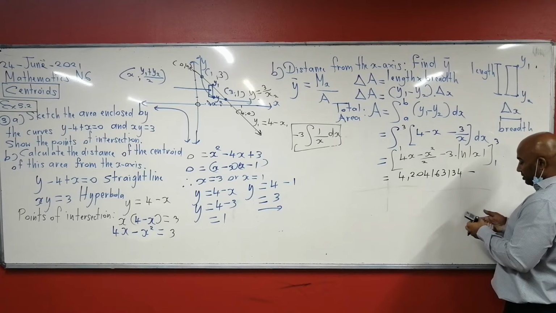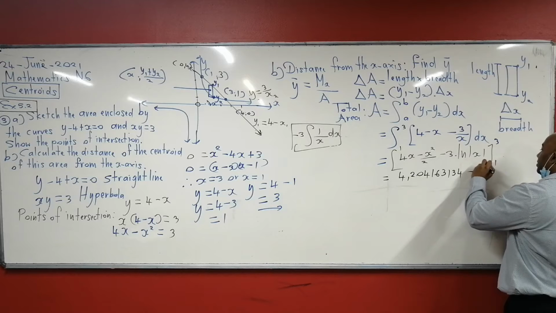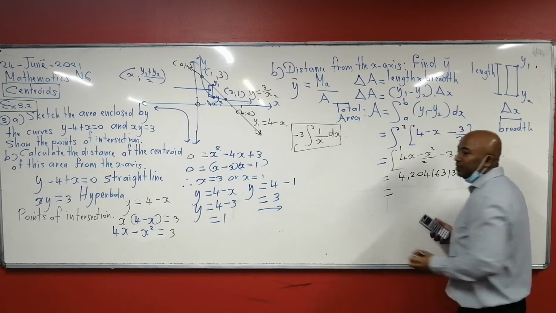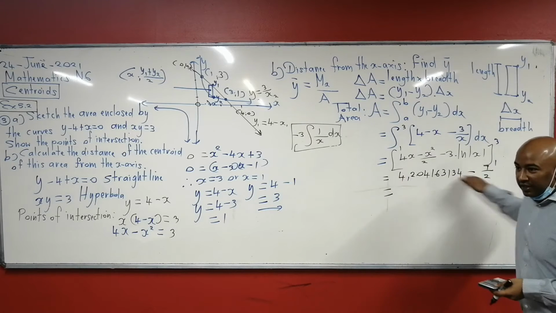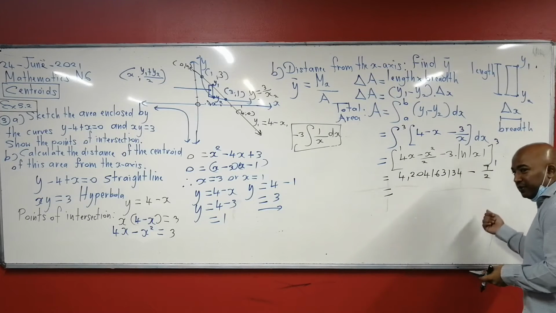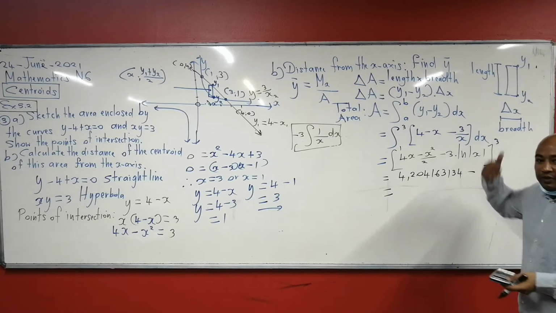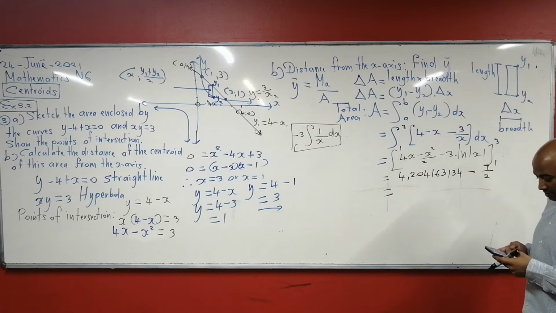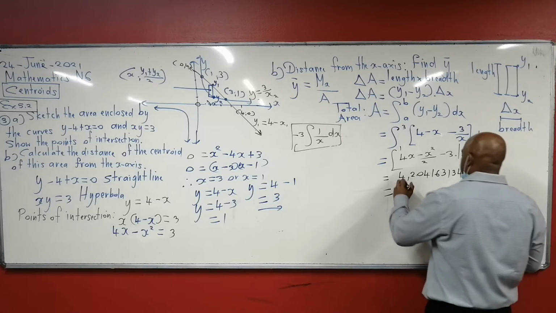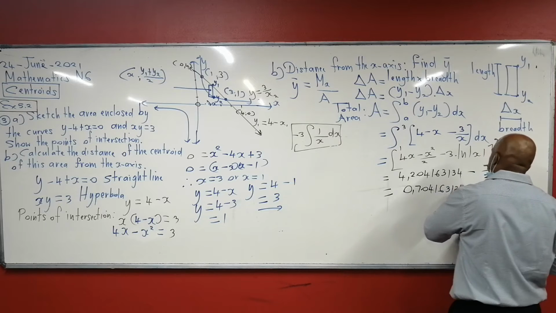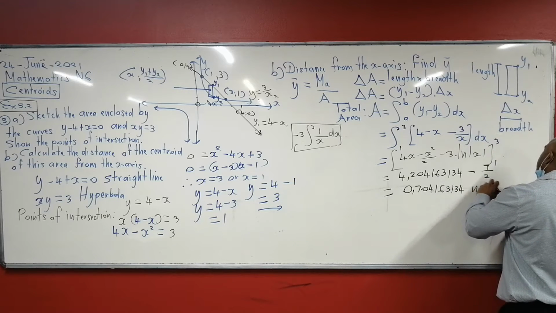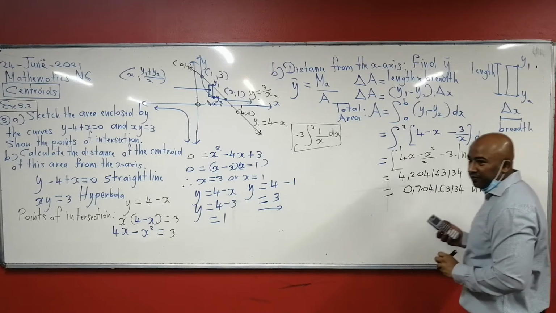Minus, when you substitute 1, you get 7 over 2. Do not do the whole thing one time. You won't know where the mistake is. You must know when you substitute 3, what is the result, and when you substitute 1, what is the result. So if it's wrong, then you can always go back and change it. So that's minus 7 over 2, and I'm getting 0.704163134 units squared. Did you get that?